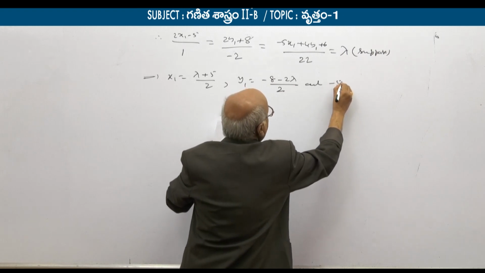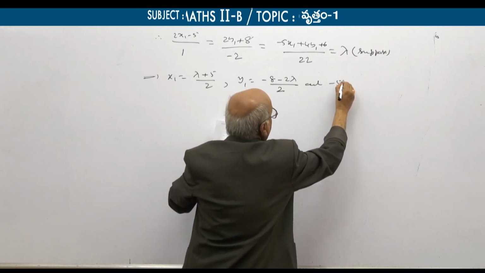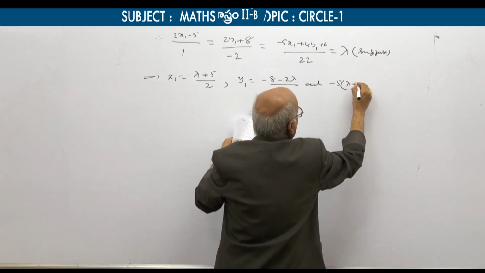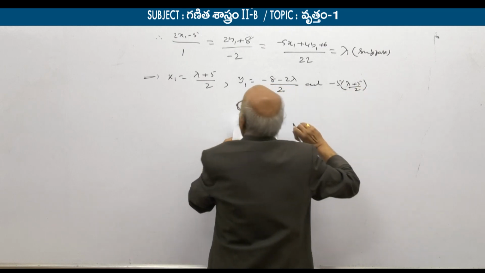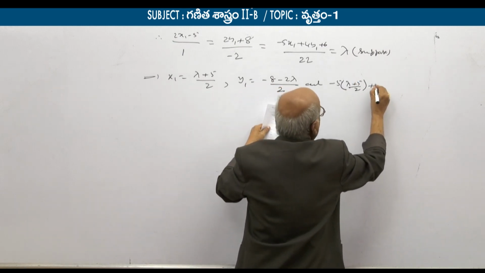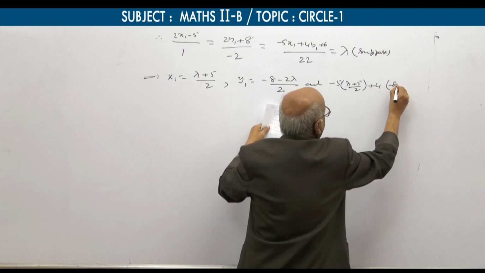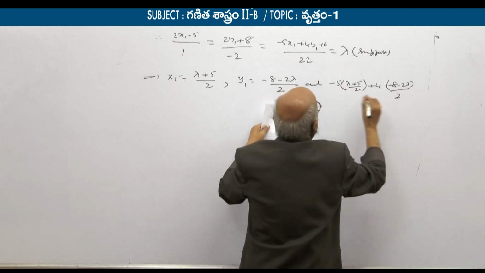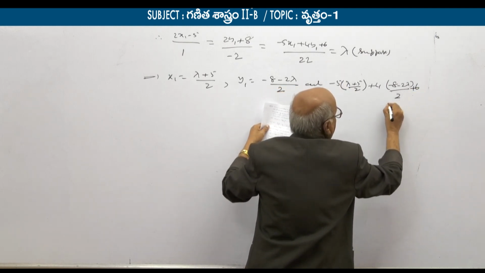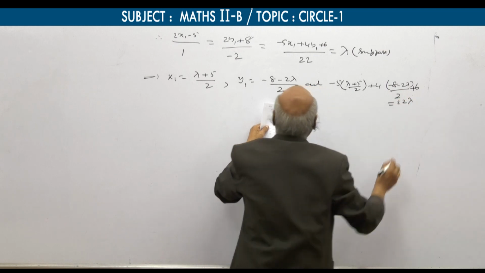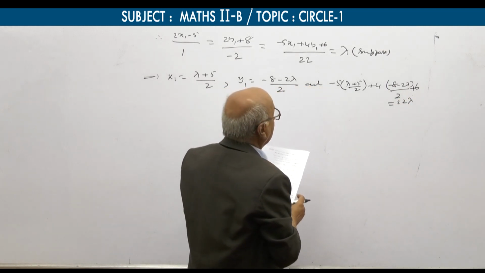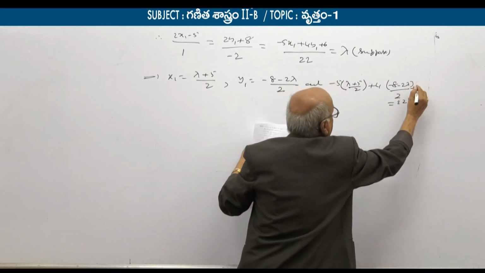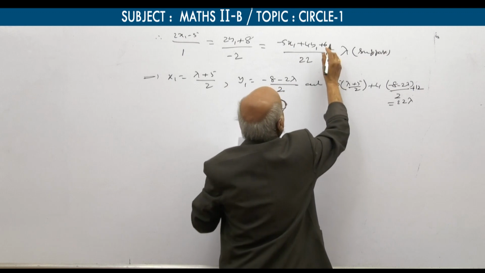and minus 5x1, that is minus 5 into x1 means lambda plus 5 by 2, plus 4y1 means minus 8 minus 2 lambda by 2, plus 6 is equal to 22 lambda, plus 12 is equal to 22 lambda.